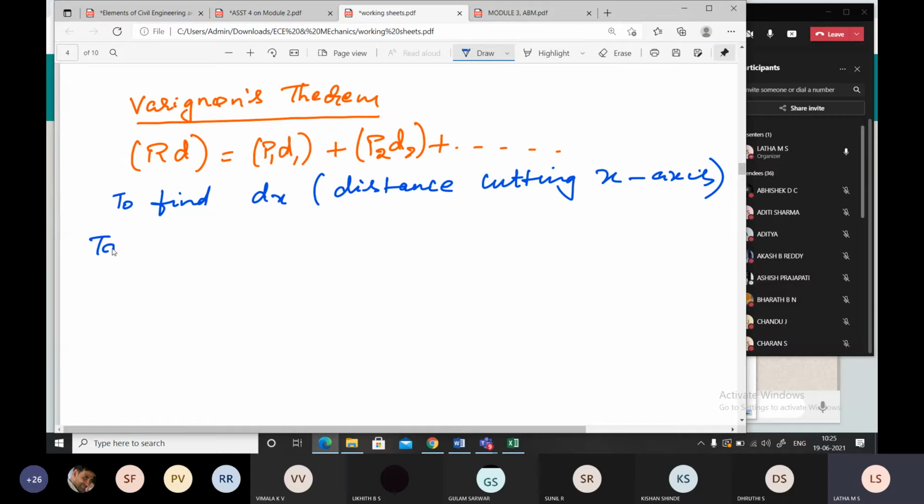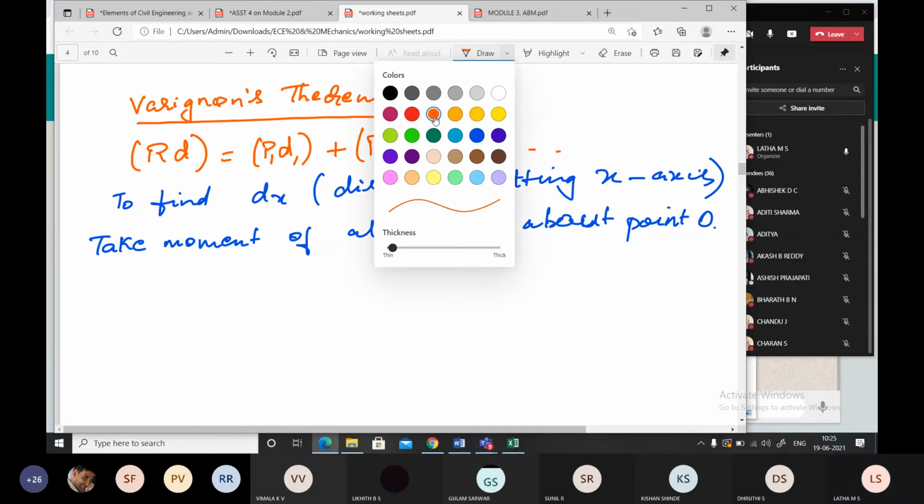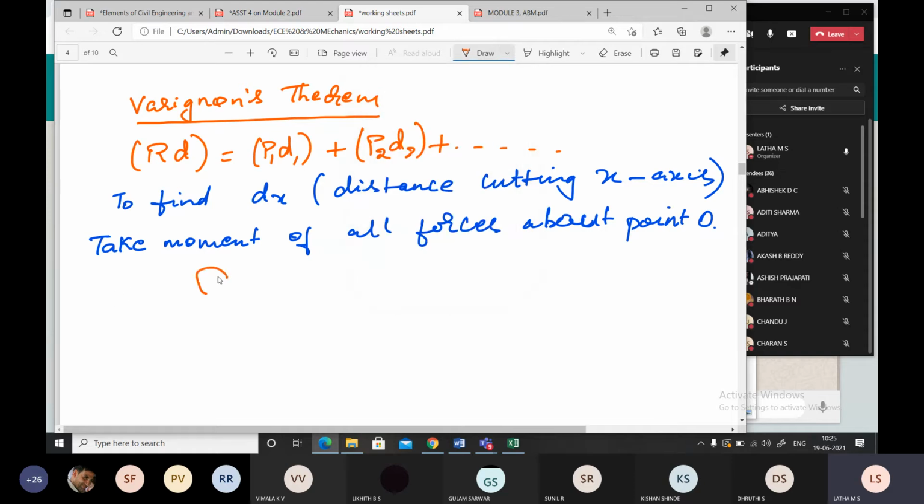Take the moment of all forces about point O. What are all the forces given? How do you take the sign? Clockwise positive, anti-clockwise negative.